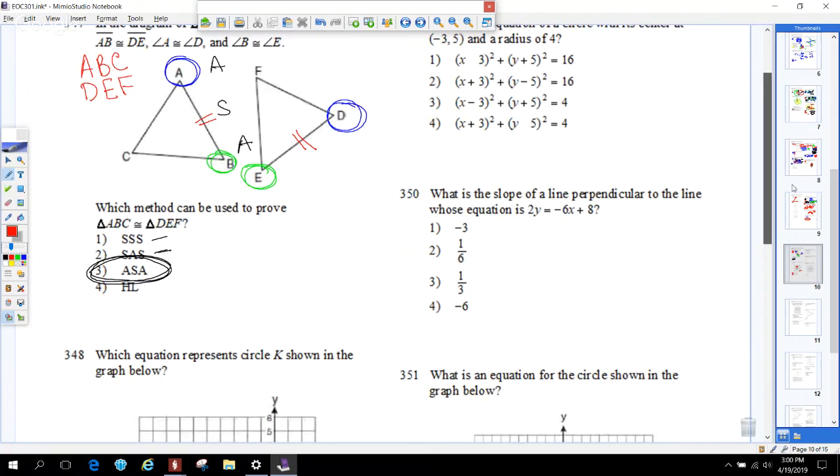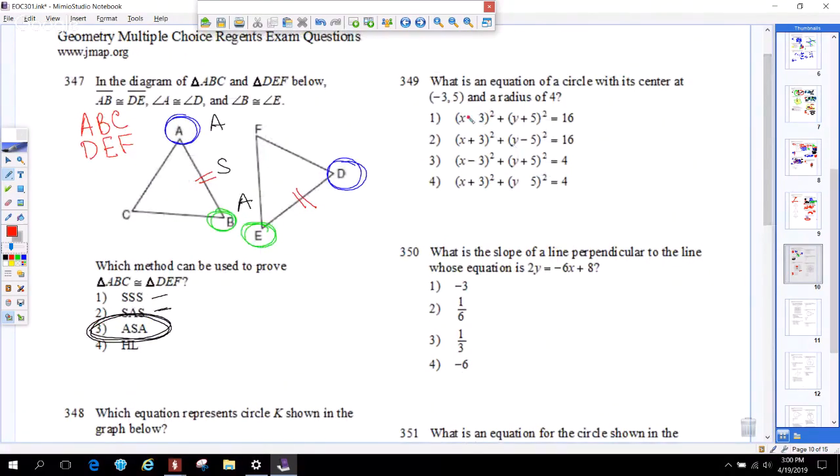Okay, a couple more. Here we have this. We know this is a negative. Switch the sign. So we've got +3, -5. So it's not choice 1. It's not choice 3. A radius of 4. 4 squared is 16. So it's choice 2.